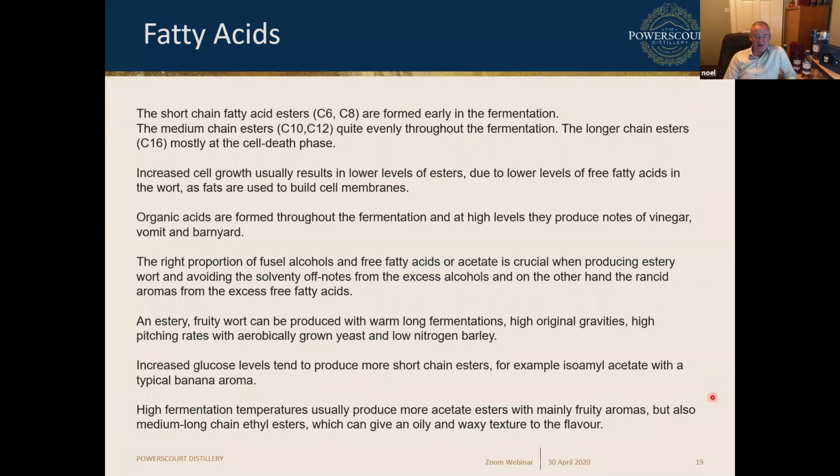Again, you're looking at fruity aromas, but medium and long chain ethyl esters can give you an oily and waxy texture to the flavor. These are decisions made by the distiller, the brewer at times, and whoever's involved in the fermentation side of things, to give you different flavors within the whiskey.